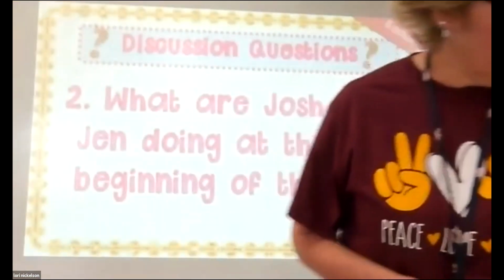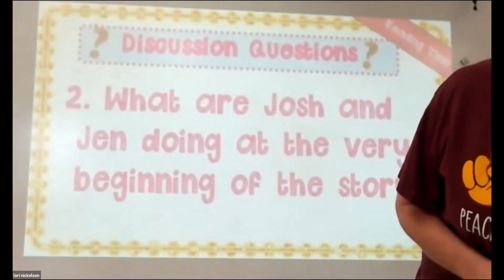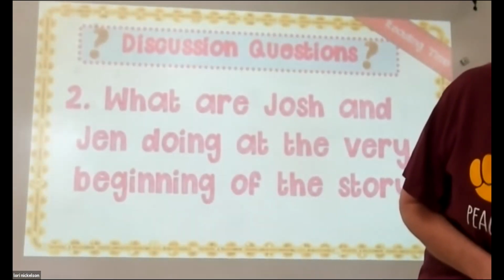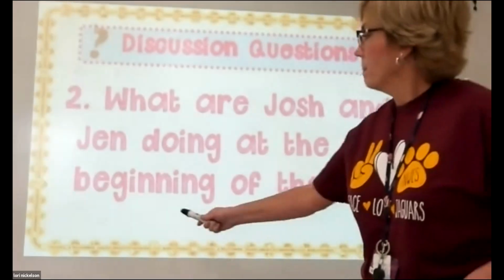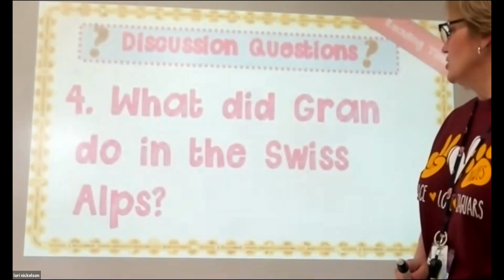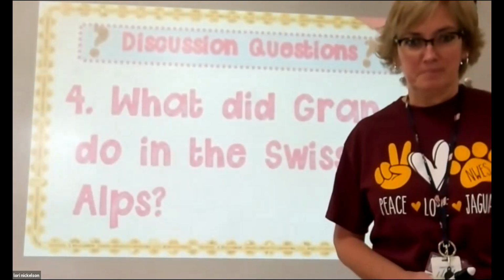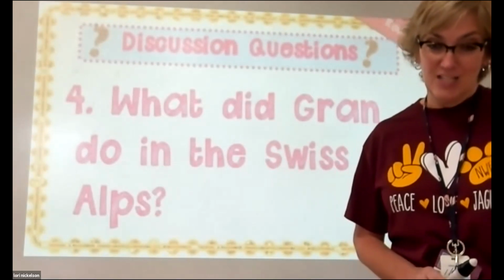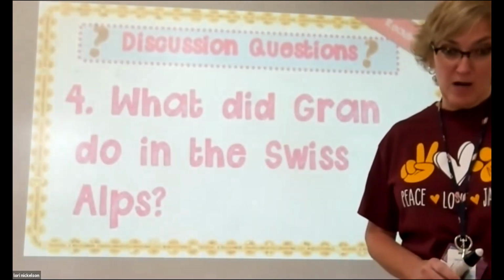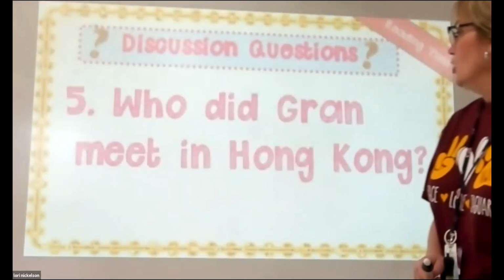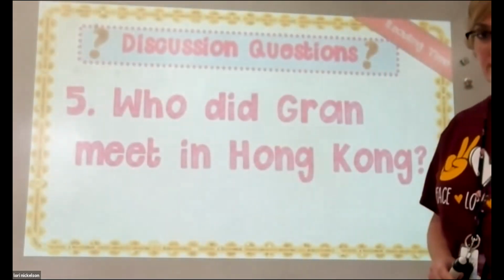They were, weren't they? They couldn't wait for her to get there. What did Gran do in the Swiss Alps? She climbed a steep cliff, didn't she? And she almost fell off, but she grabbed hold, didn't she? Yes. Who did Gran meet in Hong Kong?